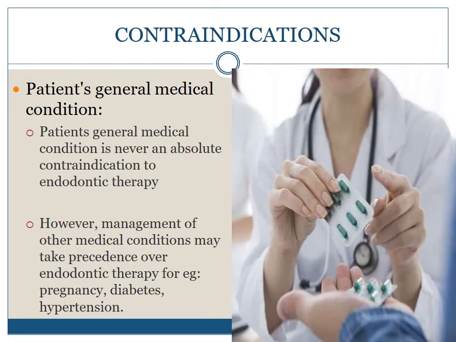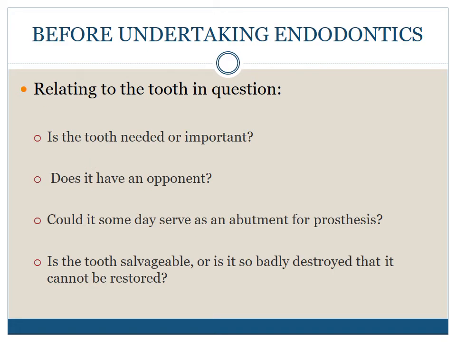The general medical condition of a patient is never an absolute contraindication to endodontic therapy. However, the management of other medical conditions such as diabetes, hypertension, and other medical conditions may take precedence over the endodontic therapy.